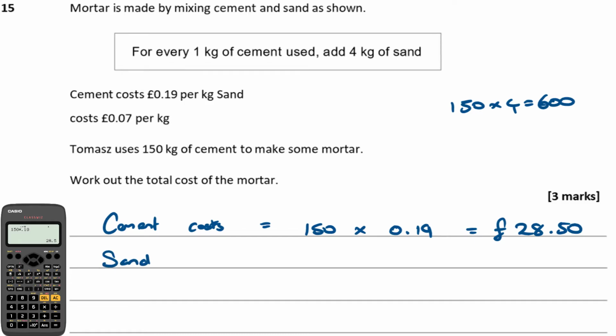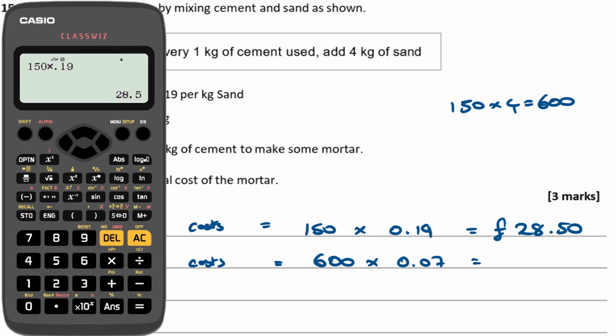So the sand costs 0.07 pounds per kilogram. So 600 times 0.07 comes out to be £42.